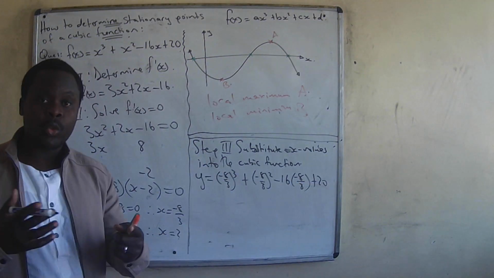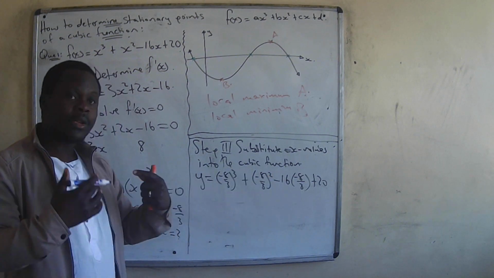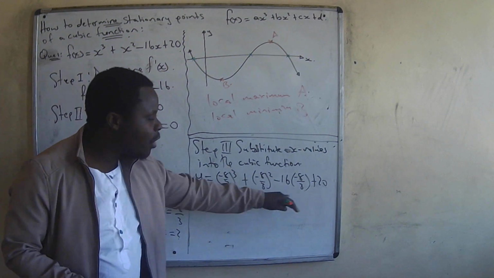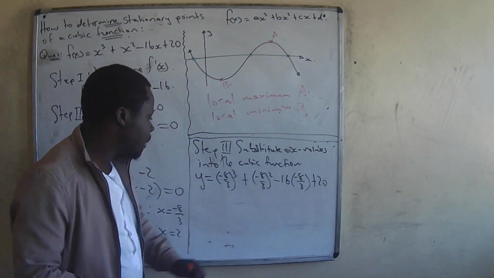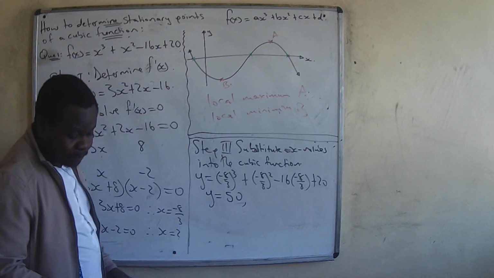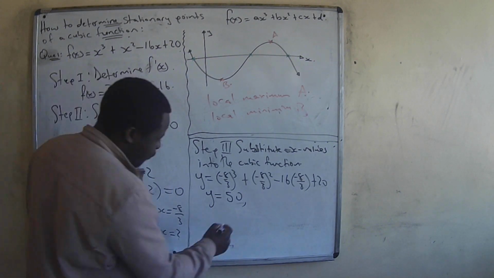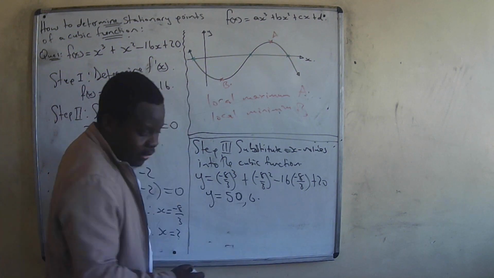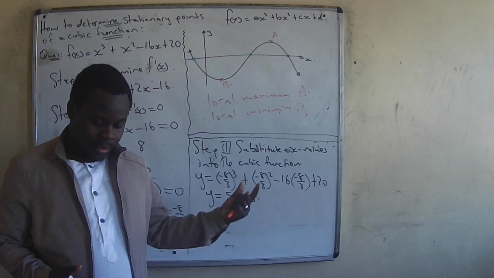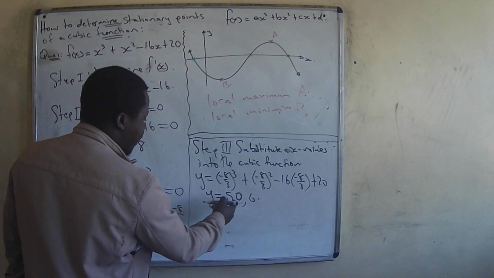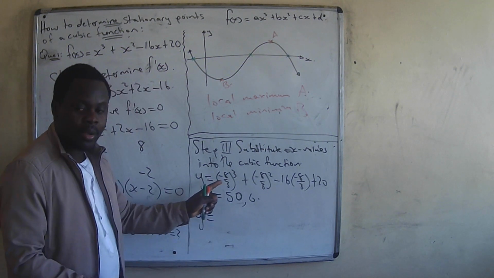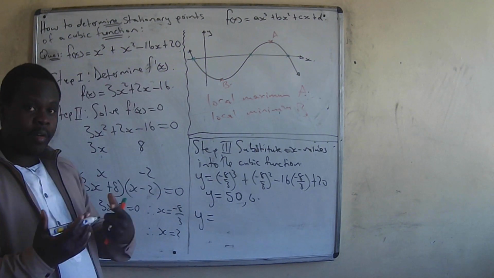When you substitute into this cubic function, you are going to punch a calculator here. As it is, you are going to get a y value which is equal to 50.6. If you punch the calculator properly, you will see that your answer is 50.6. Once you get your corresponding y value, let us get the other corresponding value, because we have two x values in this case.